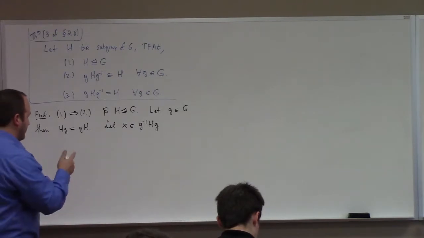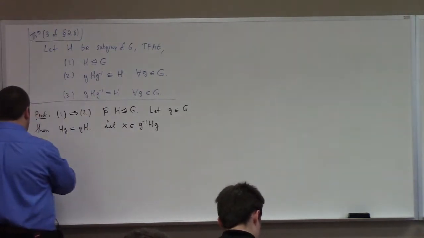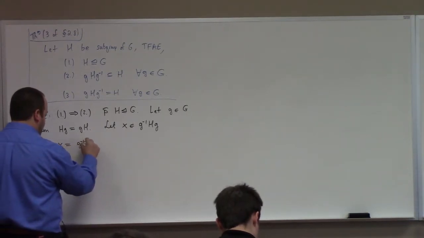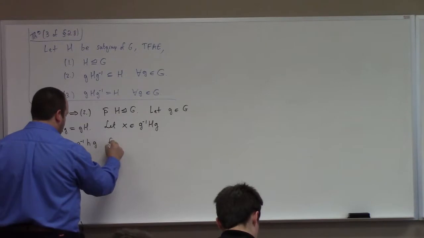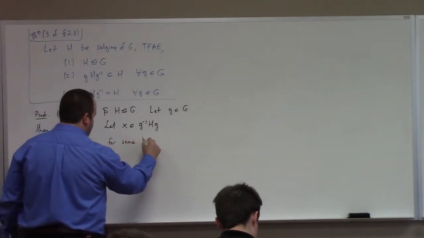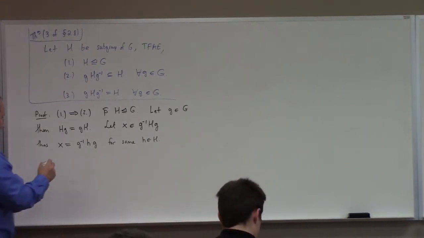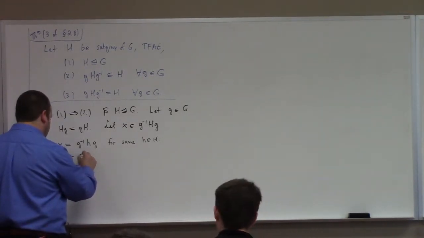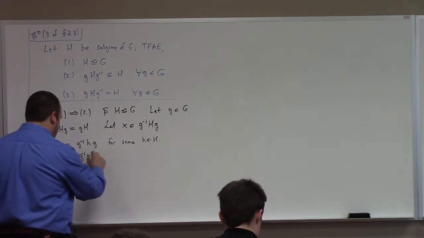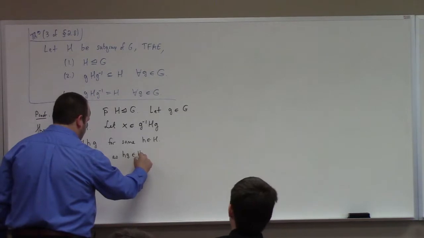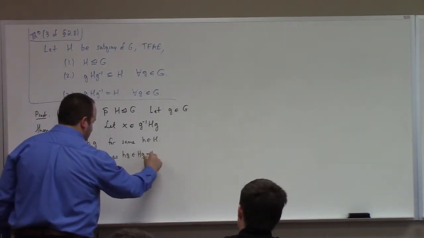All right. So to say this, thus, x is equal to g inverse h g for some h in H. But the thing is, this is equal to g inverse g h2, as hg is an element of Hg that's equal to gH.